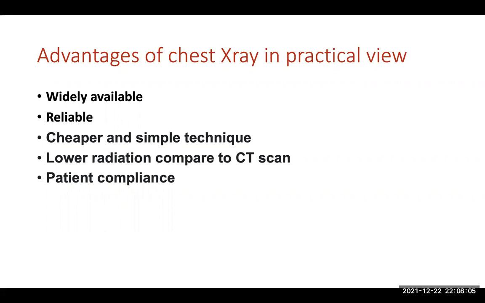It is also very cheap and a very simple technique. It has no complicated techniques like CT scan or MRI, and even people of lower socioeconomic status can bear the cost. Another point is very low radiation compared to CT scan.